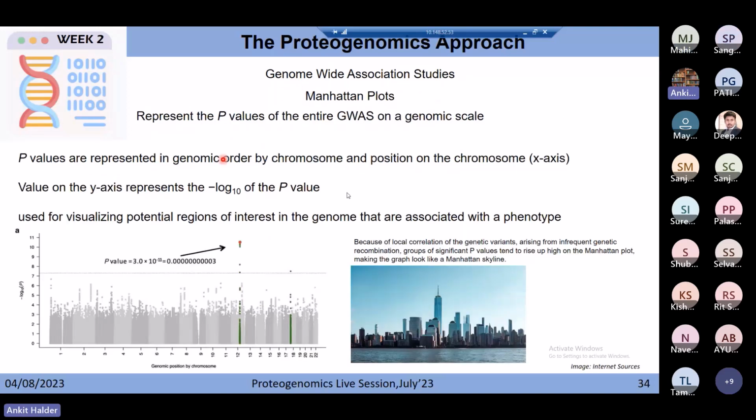Generally, the majority of points are within the lower range, but there are certain ones that get quite high, and from there you can understand which is more significant, well beyond what is normally seen in other regions of the genome.